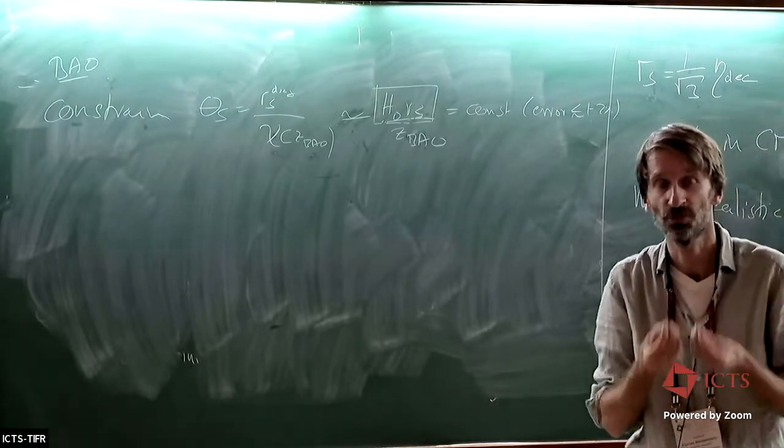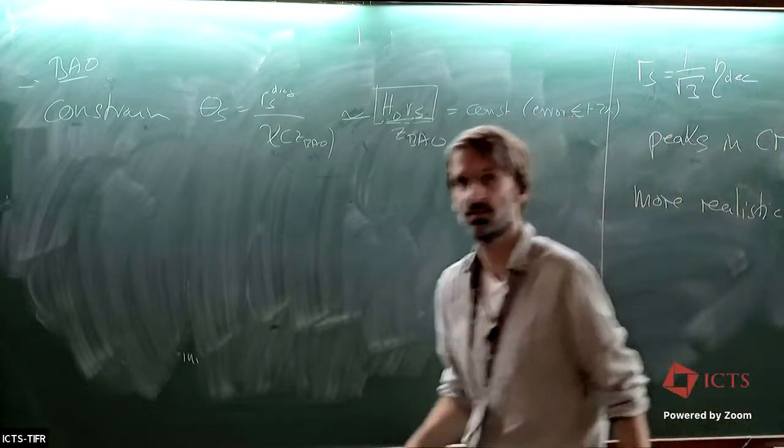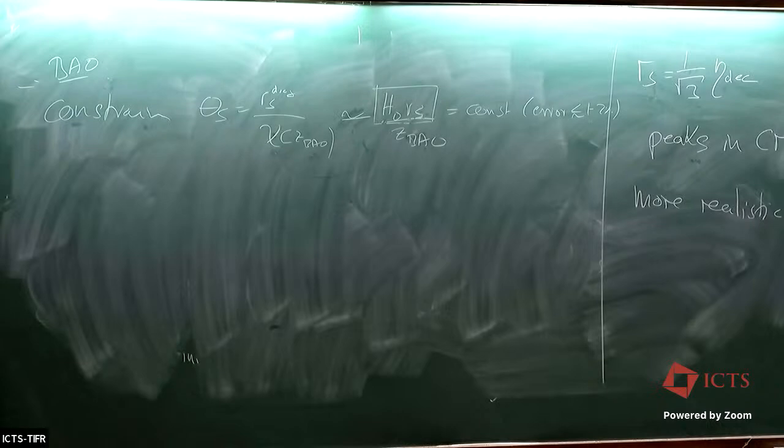So it might be a clue, a signature. The Hubble tension might be a signature of new physics. It doesn't have to be at the end of the day, but this is the possibility I'm interested in.